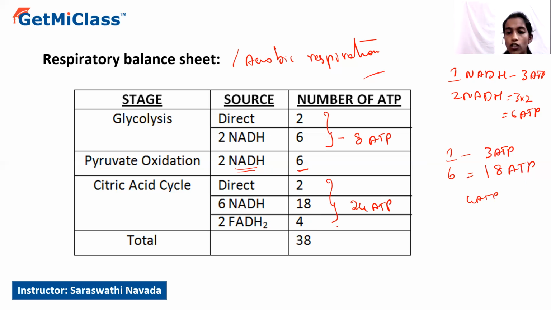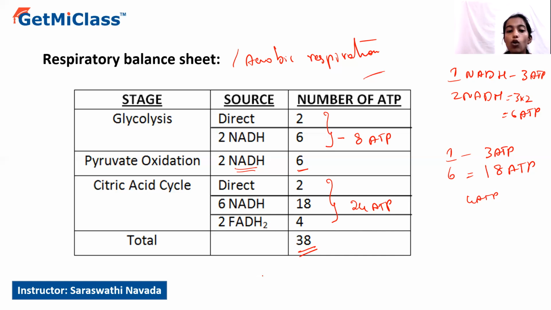Totally, if we consider the number of ATP produced at the end of aerobic respiration, it will be 8 plus 6, that is 14, plus 24. Totally, it will be 38 molecules of ATP. So that is how we are going to get 38 molecules of ATP at the end of aerobic respiration. That is regarding the respiratory balance sheet. This is the total number of ATP produced.